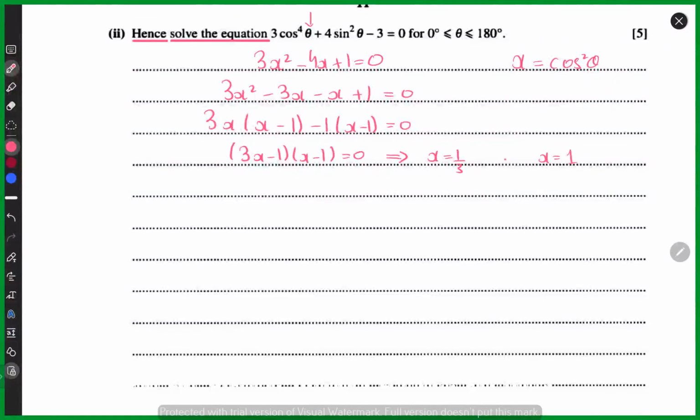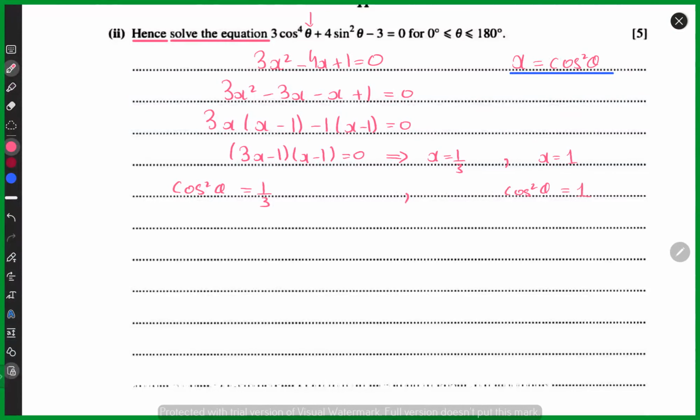Okay. And since this was the idea from the beginning, x was equal to cos square theta. So I am supposed to write it down this way. Cos square theta is equal to 1 by 3, and then cos square theta is equal to 1.